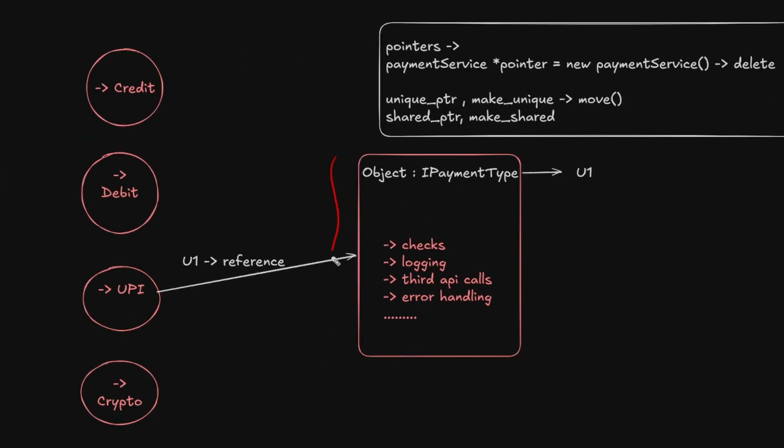And whoever wants to use this class can send their reference to this class. This class will set it as its default object and process the whole services using that object only. So by doing this, we were essentially changing our strategy at runtime, and hence our code was also centralized.